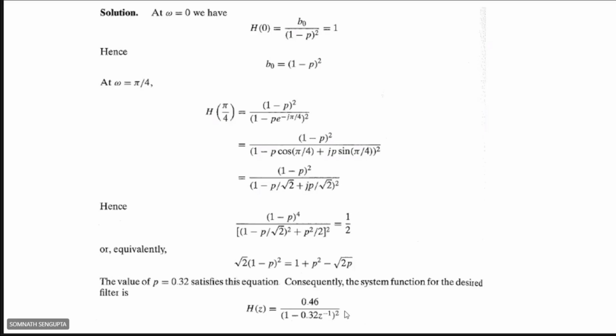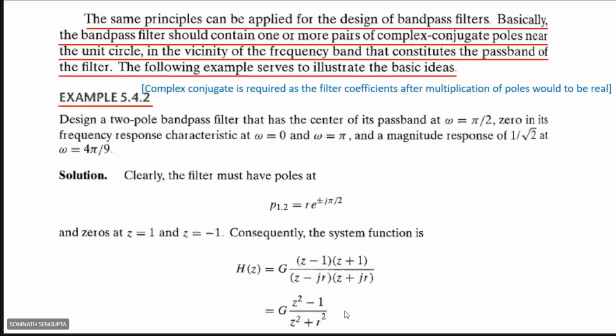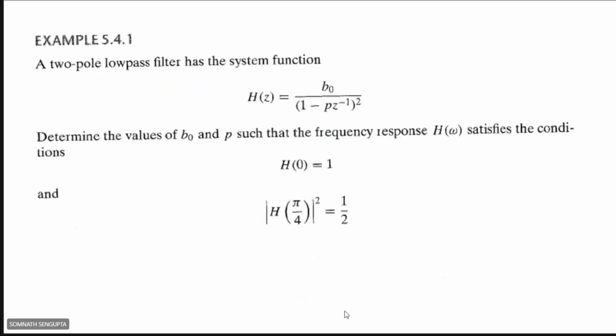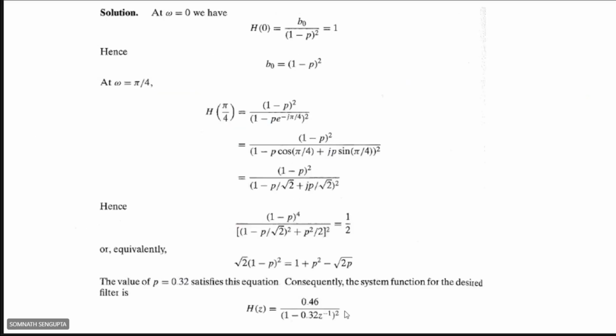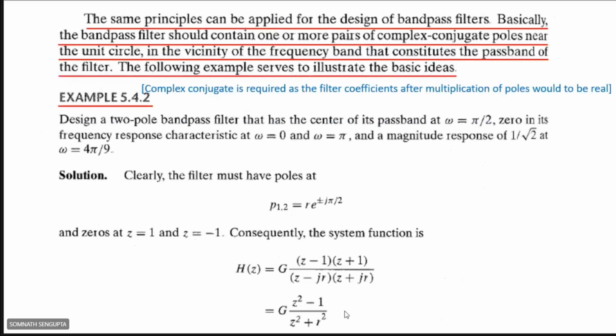ये एक example है. So the same principles can be applied for the design of band pass filters. So low pass filter design कर लिए हम लोग, एक एग्जाम्पल लेके. अभी बैंड पास कैसे करेंगे? So basically the band pass means what?